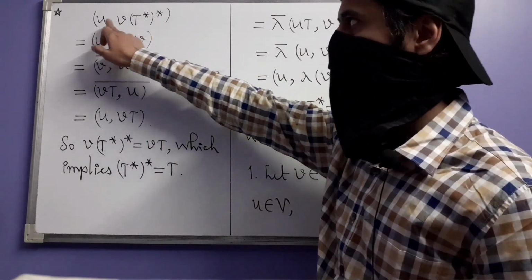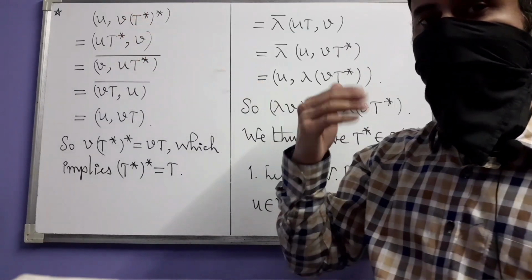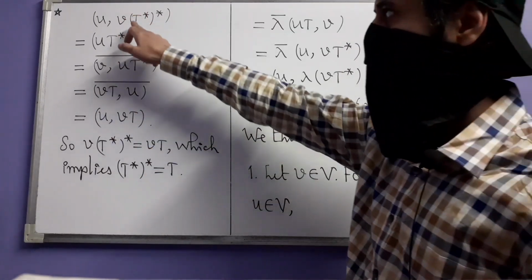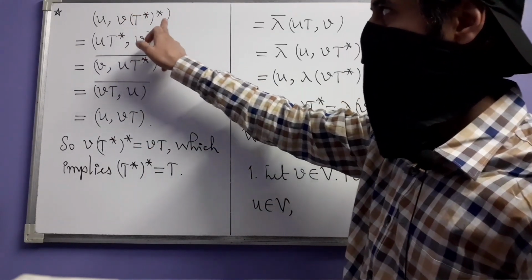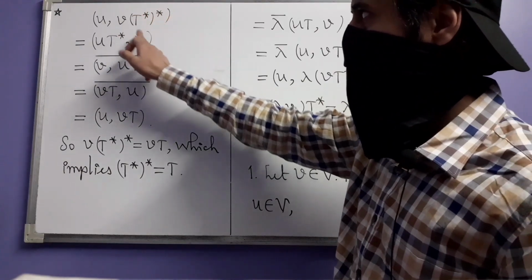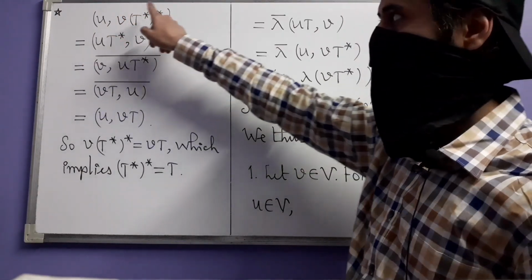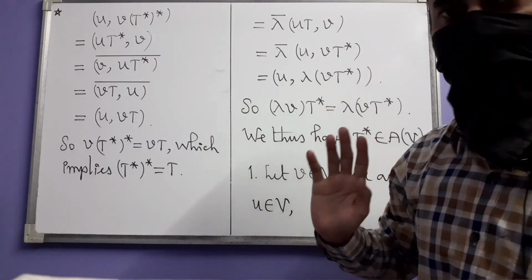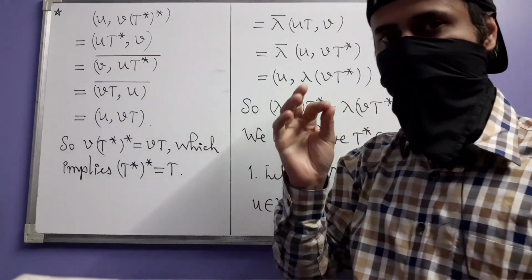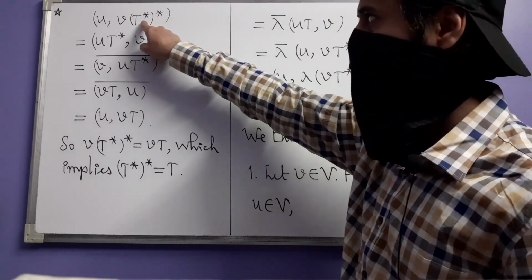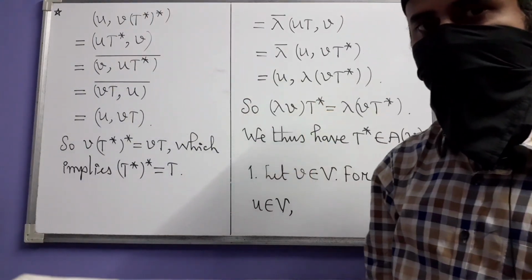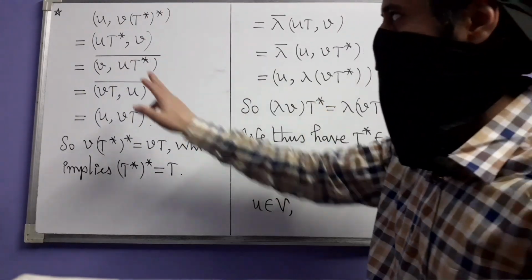The inner product of u and the T star image of V. So if you transfer this operator over to the first component, it loses that outer star, but still the star that you have inside stays. That means the inner star still stays.